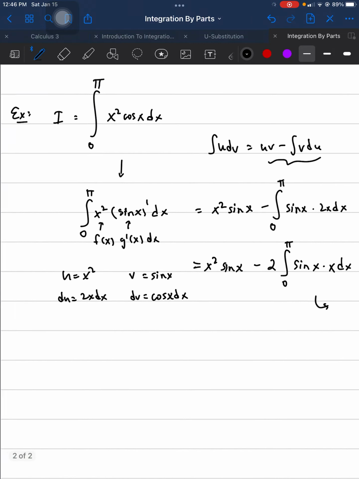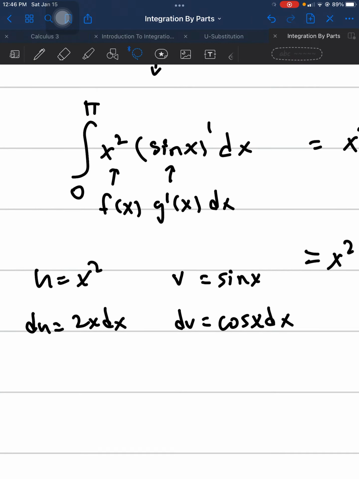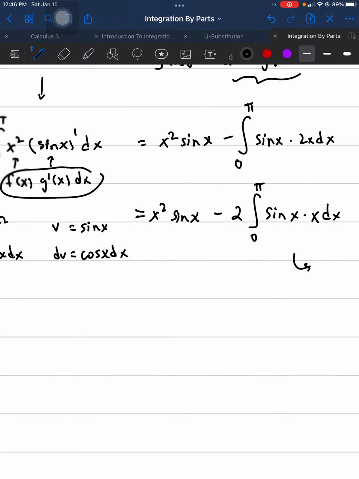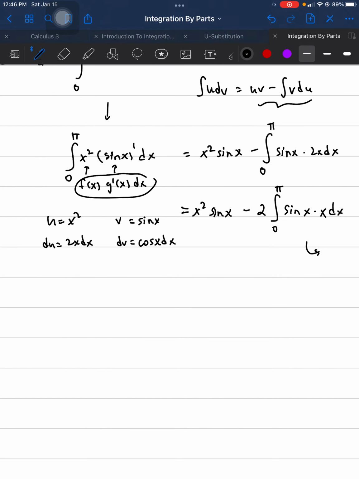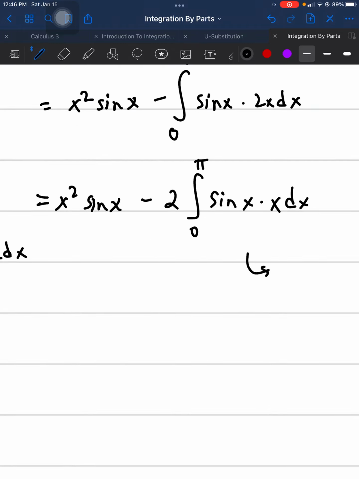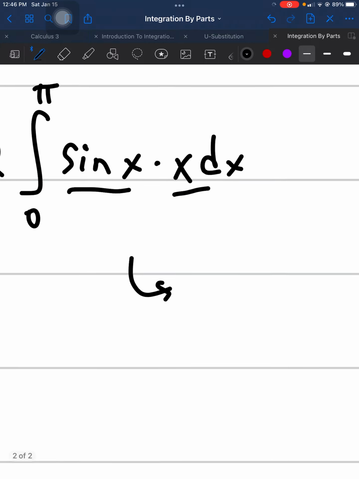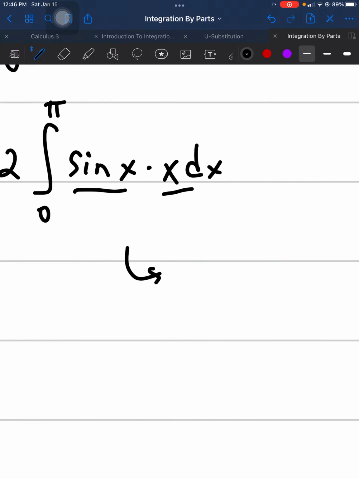We want to make sure this is in the form we determined before. We want u to equal f of x, and u is going to be the algebraic function, since we only have a trig function and an algebraic function here, and the algebraic function takes priority.